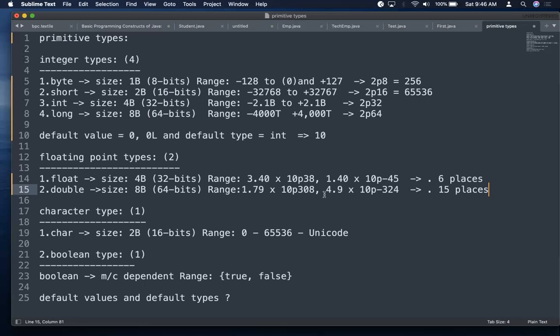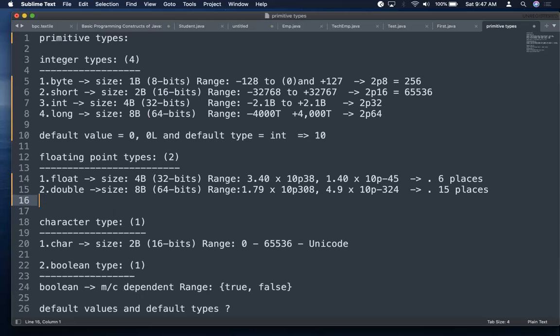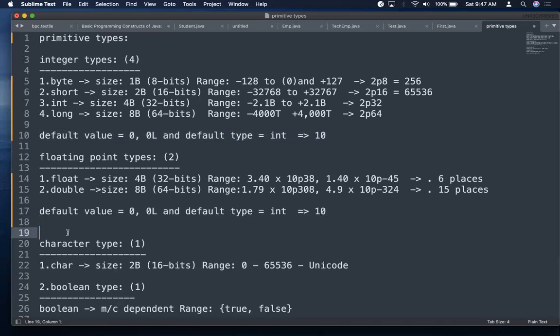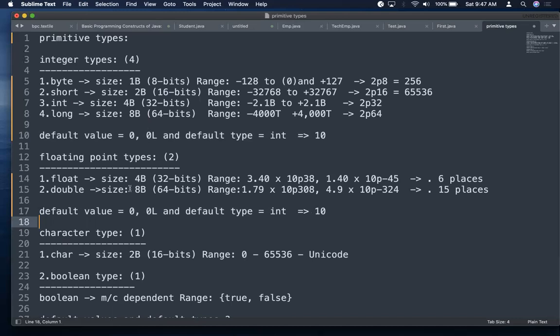So in order to represent numbers, we have 6 data types, right? 4 integers and 2 floating point types. Here in the floating types also, we need to speak of the default value and the default type, because you have more than one data type here. The default value for float is 0.0f.